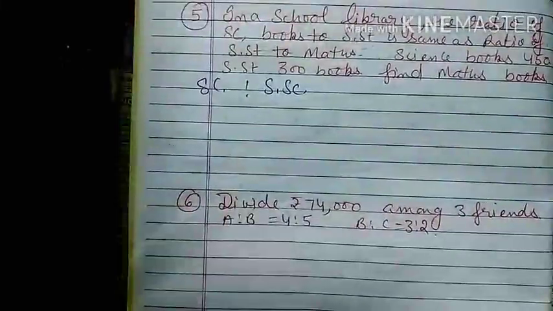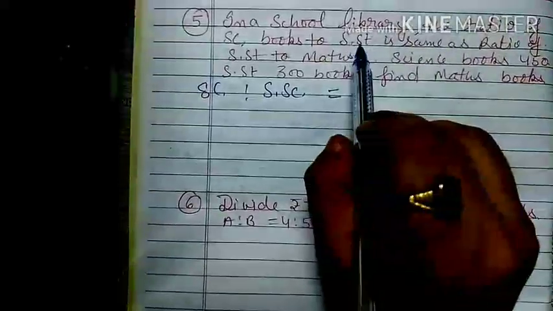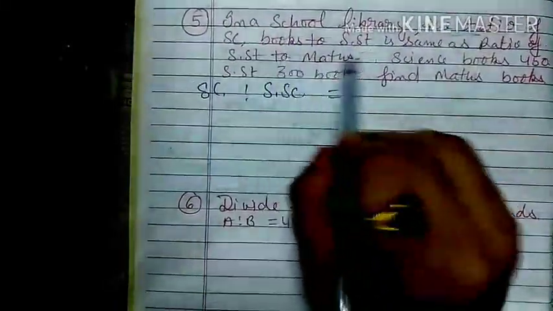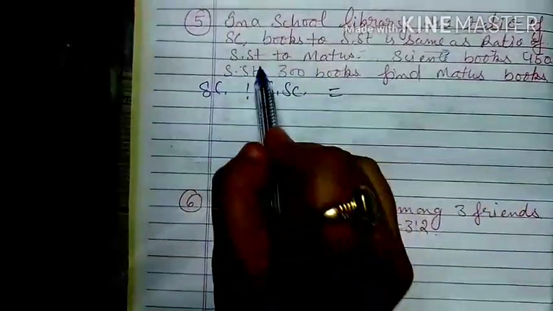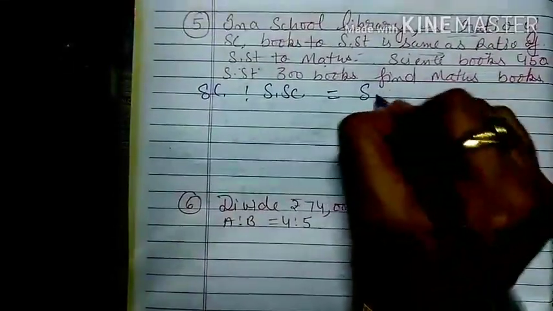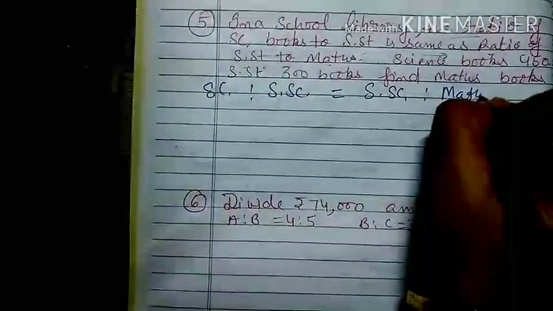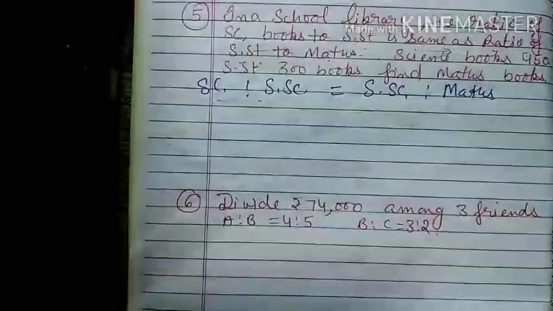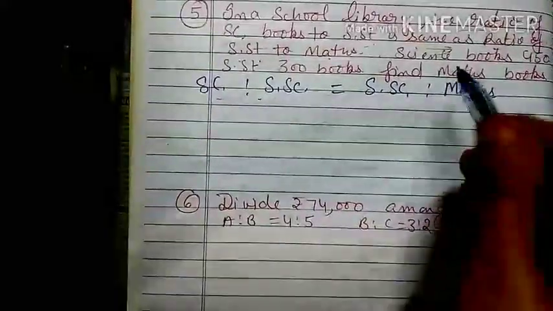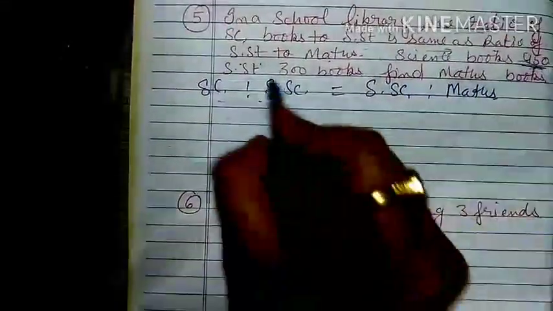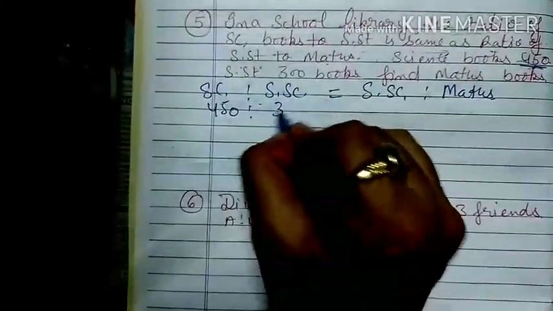So I write it in short form. If I read this statement, the ratio of social science to math is the same, that means the social science to math ratio and the science to social science ratio are equal to each other. Science books quantity given in your question is 450 and social science is 300.